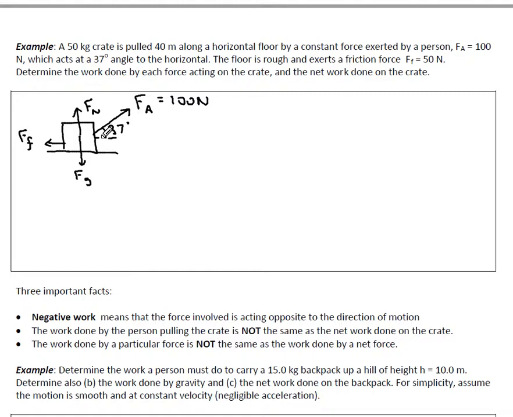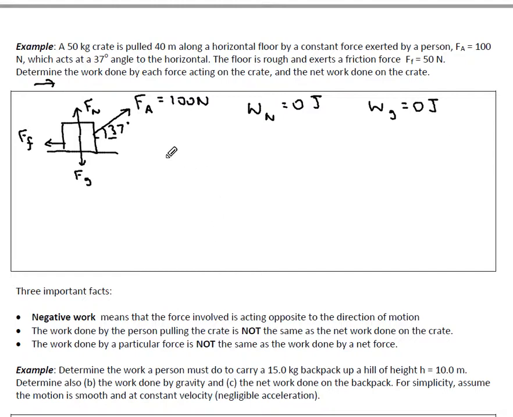So this one, I'm just going to give us the force of friction so we don't have to calculate it, but from dynamics, we know that we are able to calculate our force of friction. So let's see what happens. The work done by the normal force is 0 joules, because we're assuming this thing's moving to the right. The work done by gravity is also 0 joules, because this thing's not accelerating up or down.